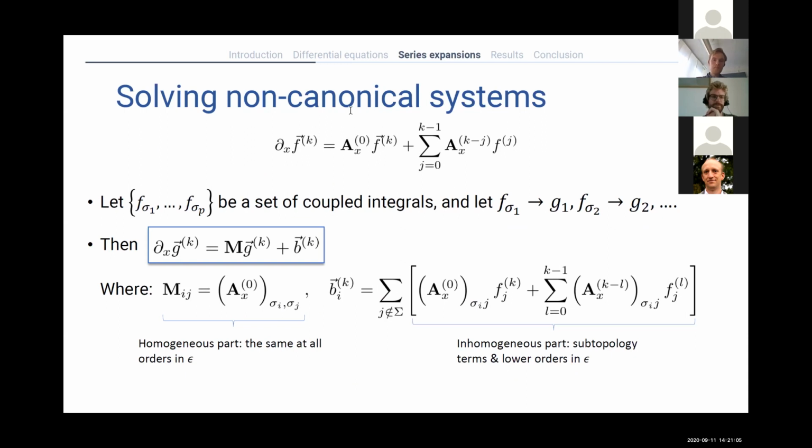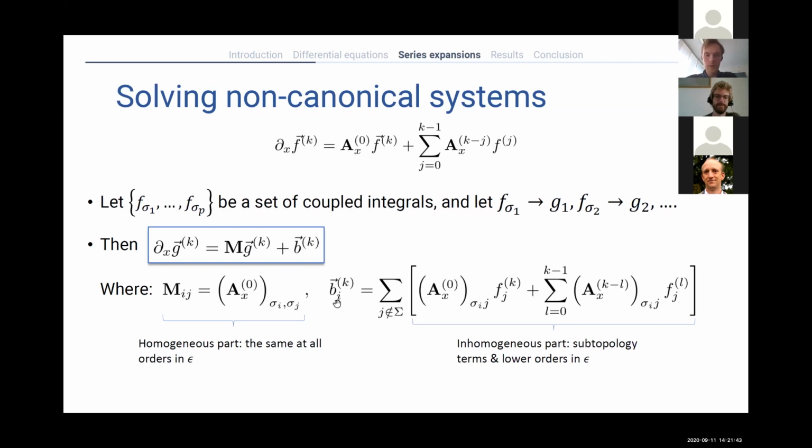Now, going back to our original system, we had this equation here. We had this homogeneous component at some order in epsilon, and then the terms coming from the lower orders in epsilon. Now we consider some set of coupled integrals, and for convenience label those by G1, G2, etc. And then you get a system of differential equations of the same type, but now you're sure that what's in the homogeneous component are only the coupled integrals.